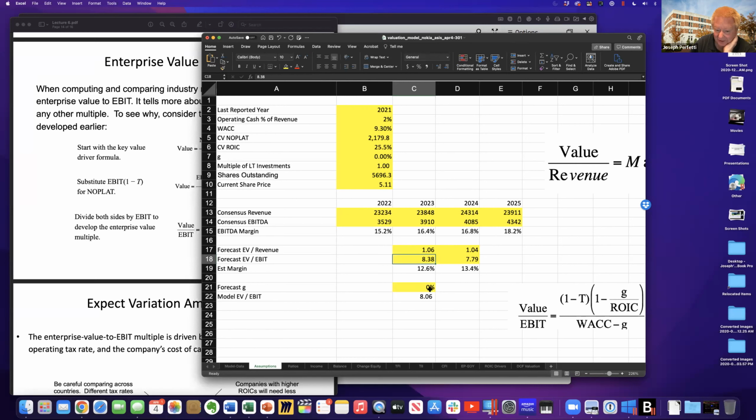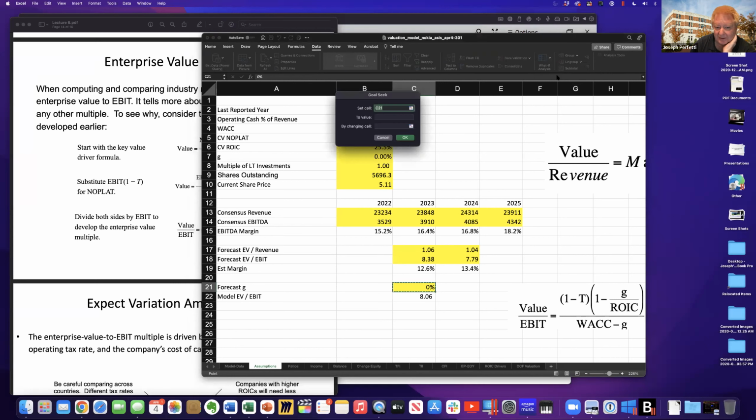So what would I need to change? Well, I can either iterate or I can solve. So in Excel, Data, What-If, it's called Goal Seek. This is the solver function. So what I'm going to do is set cell C22 to equal what I'm looking for, the 8.38. And I want Excel to iterate by changing C21 to do it.